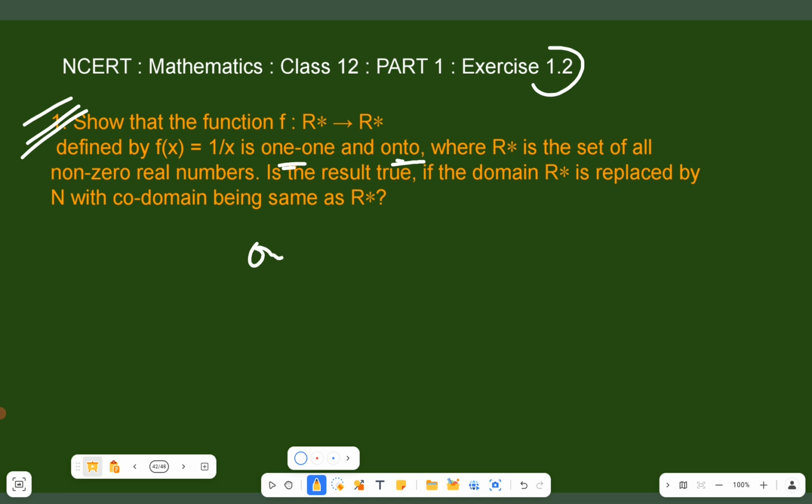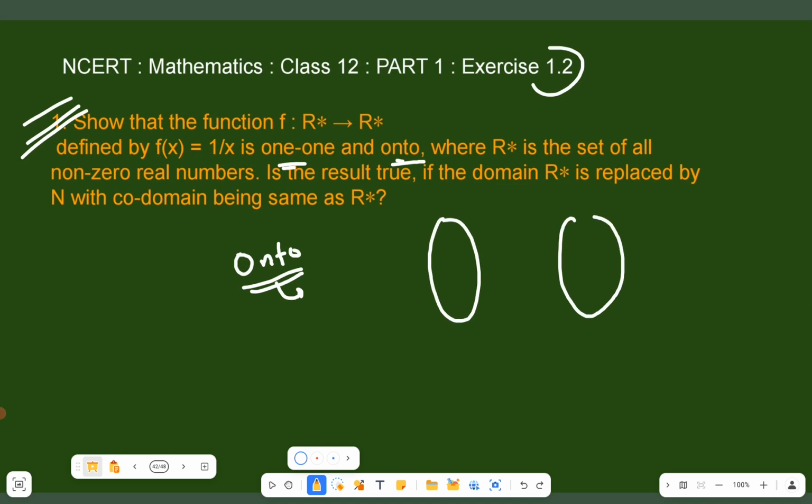Which is onto? Onto means every element of the image set has a pre-image.